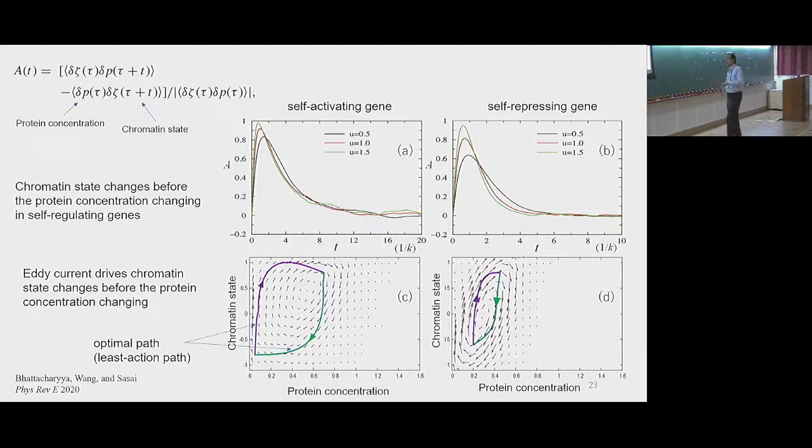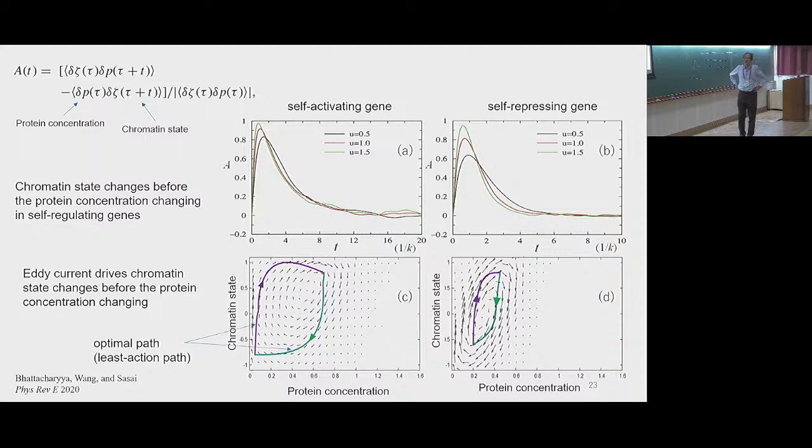Because in this self-activator or self-repressor system, the protein concentration change and the histone state change are coupled, so it is not obvious to see which comes first and which comes later. But with this model, the way of the coupling brings about the definite order of the changing.